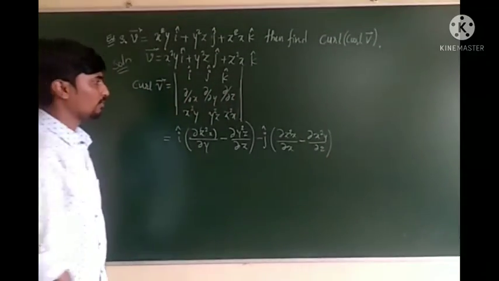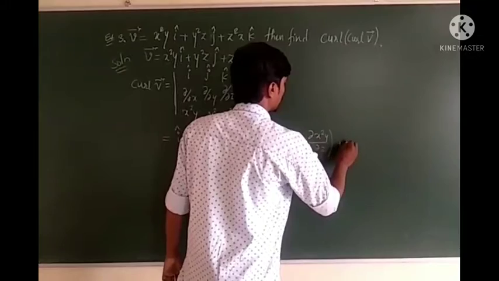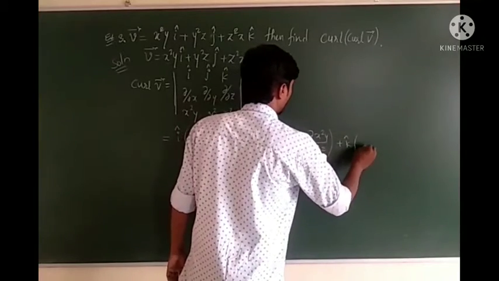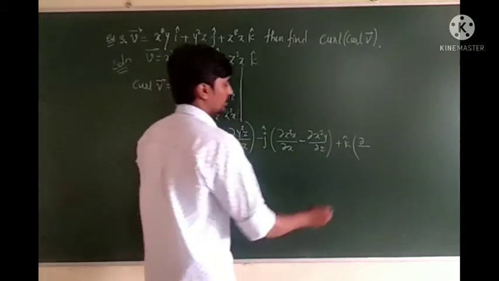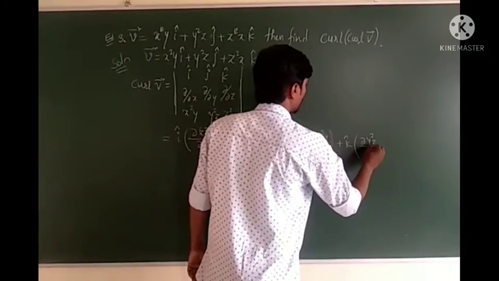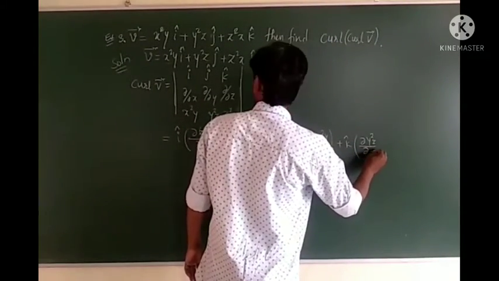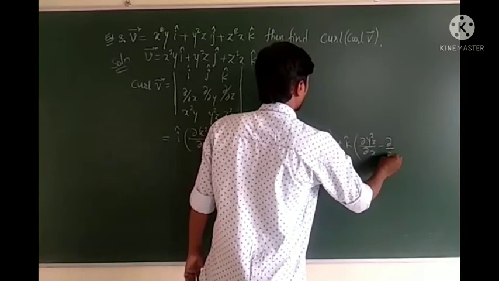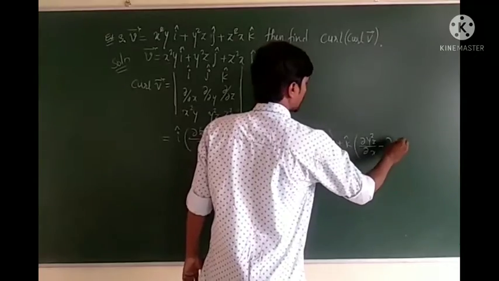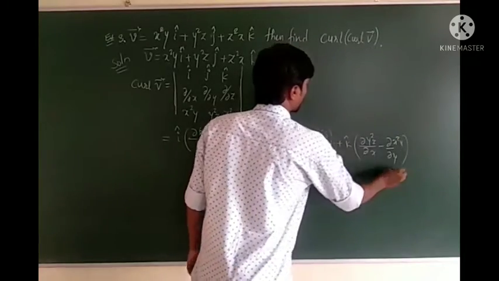After that we write plus k cap into bracket: ∂(y square z) divided by ∂x, and minus ∂/∂y of x square y.